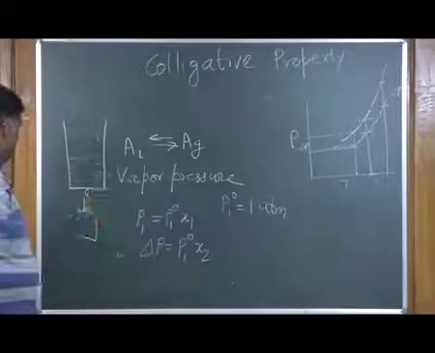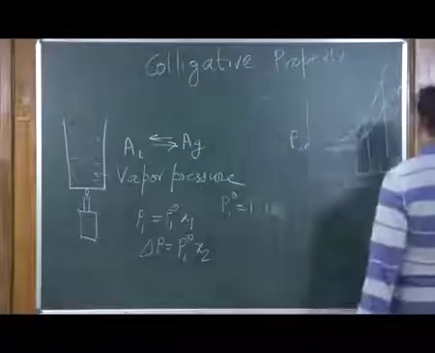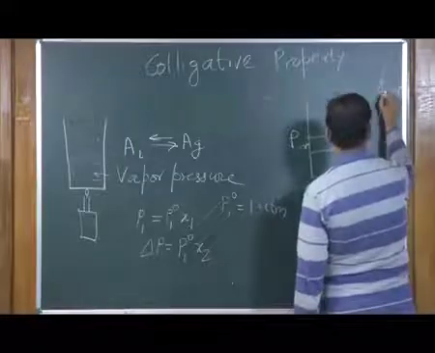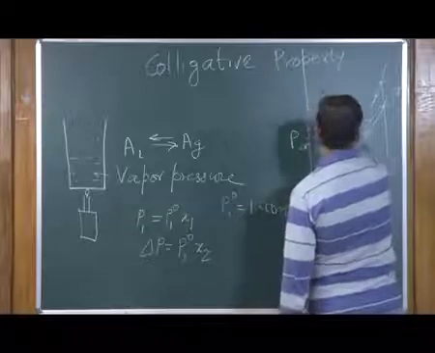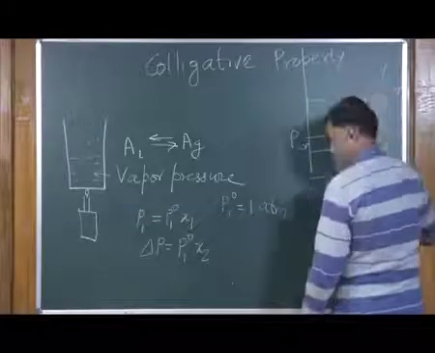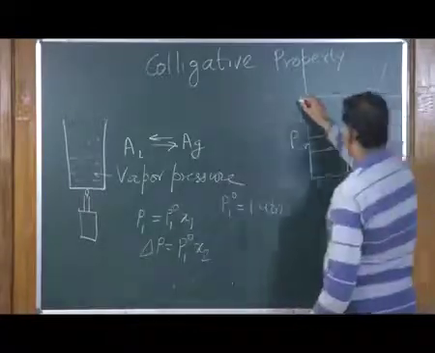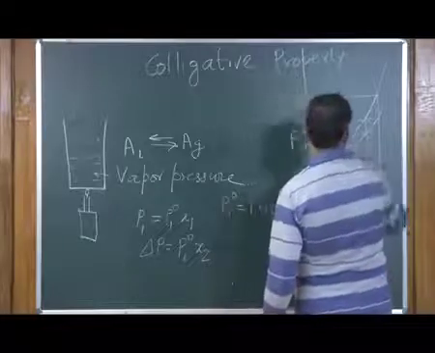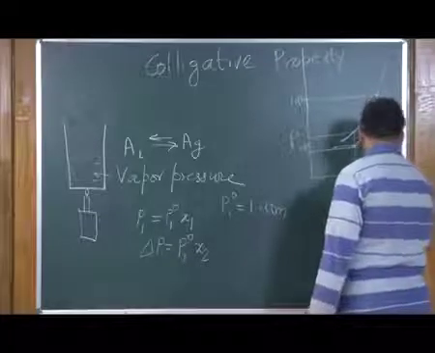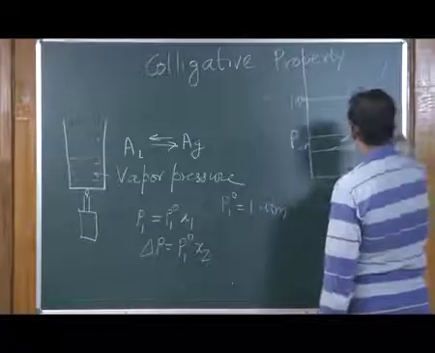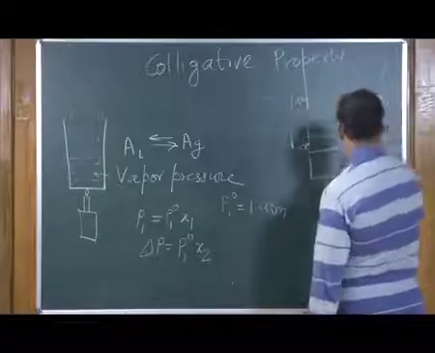So, there would be complete boiling and everything will escape. Let us assume that this is 1 atm, so this is the normal boiling point. Let me clean this figure a little. So, this is 1 atm, this is the vapor pressure at this temperature, and at this temperature the vapor pressure is 1 atm, and this is the normal boiling point.